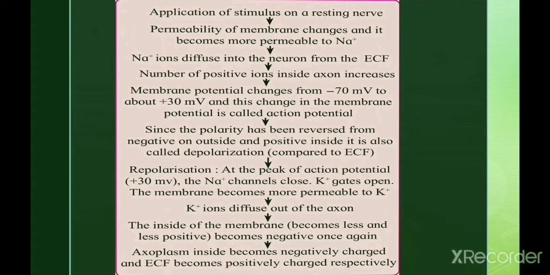Inside the membrane, it becomes less and less positive and becomes negative once again. So here again the positive charge will run outside and negative will become inside. Now, in the axoplasm, that is inside, it will become negatively charged and the extracellular fluid becomes positively charged. That means the condition has been reversed again. This is called repolarization.